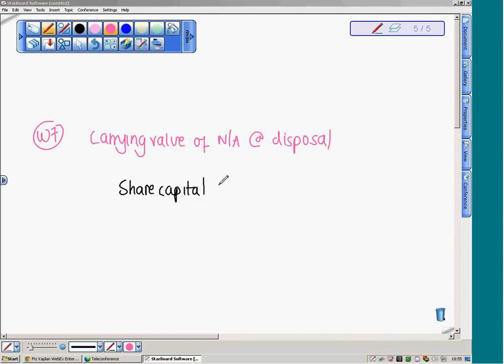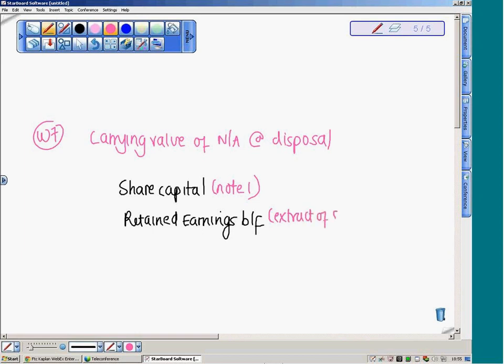They tell me that in note 1. Okay, take my retained earnings brought forward, which I can pick up from the extract of the SOCI, which they give me.